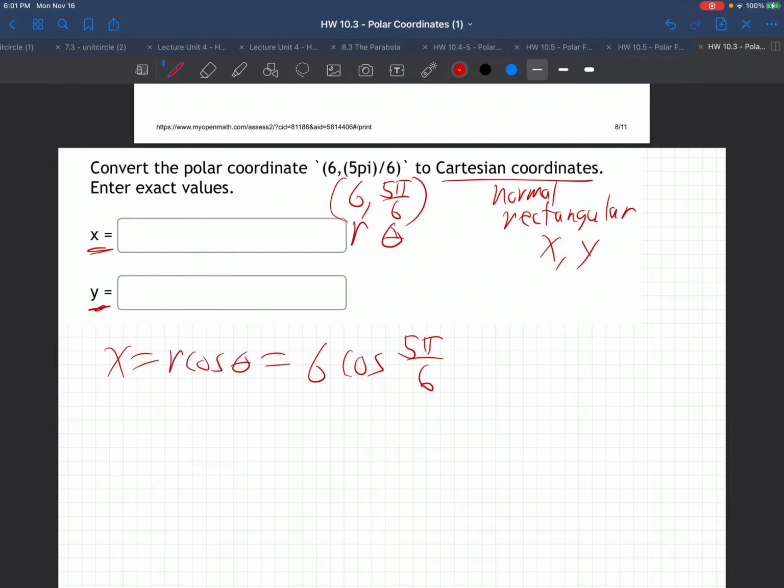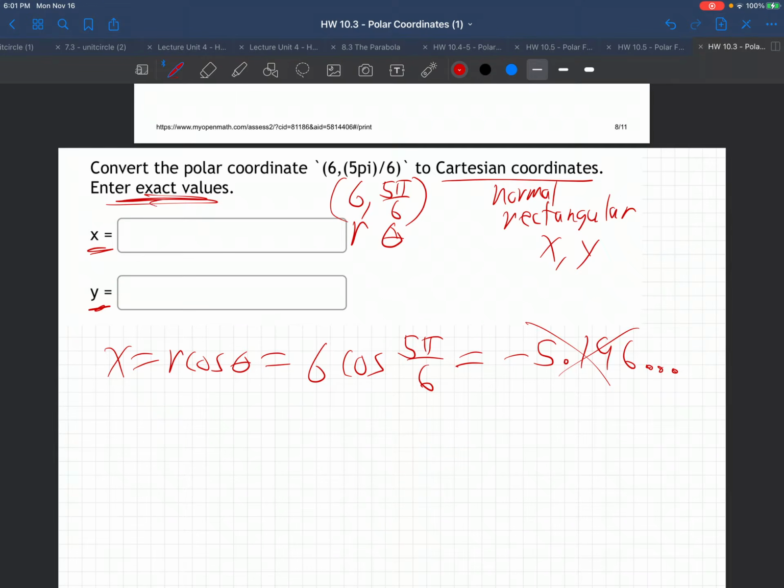Now we can't just go to our calculator, because if you go to your calculator, you'll get a decimal. Here, I'll do it real quick and show you the decimal you would get. You would get minus 5.196, but we can't use a decimal because they said exact values. I rounded that decimal. That decimal actually goes on and on forever, so you have to round it, and then it's not exact.